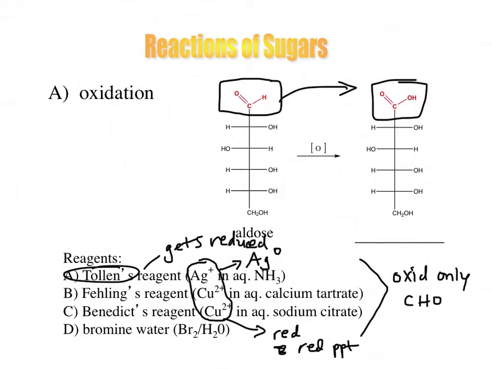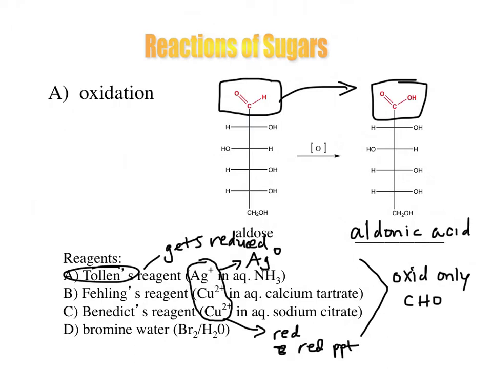Okay? As far as names, we have a blank there, so let's put some names in. You may be asked this. If it's the aldehyde form, it's called an aldose. If it is the carboxylic acid form, if it gets oxidized, this is just bizarre, they call it an aldonic acid. It's a carboxylic acid that came from an aldehyde, an aldonic acid.